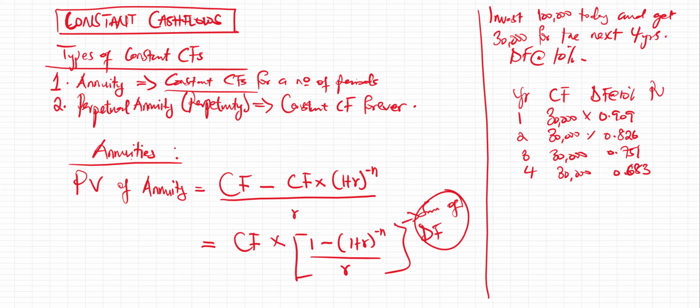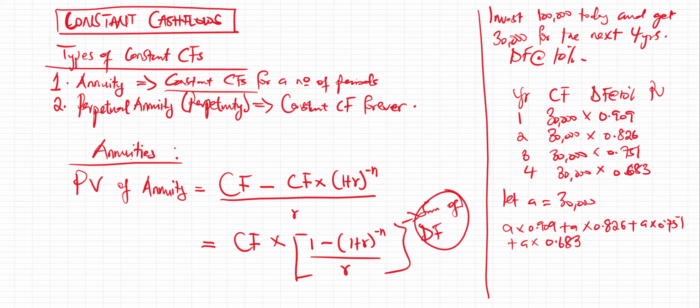Is it not 30,000, 30,000, 30,000, 30,000, constantly? So if I let A be equal to 30,000, we have A times 0.909 plus A times 0.826, true or false, plus A times 0.751, plus A times 0.683.